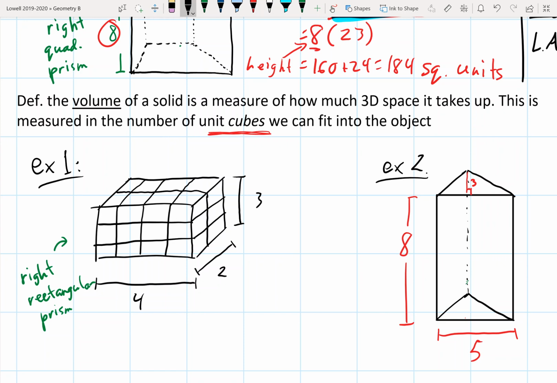And so we can count the unit cubes. We can chop the prism into layers and see in this layer right here, the top one, how many unit cubes are there. We can count them at this point, but since we see that there's 4 rows of 2, that'd be 8 unit cubes in that one layer. 4 times 2 equals 8 unit cubes.